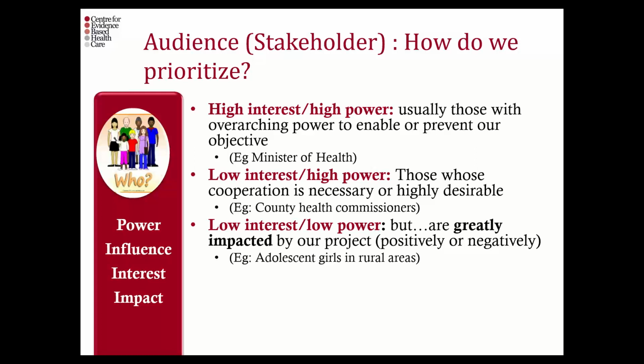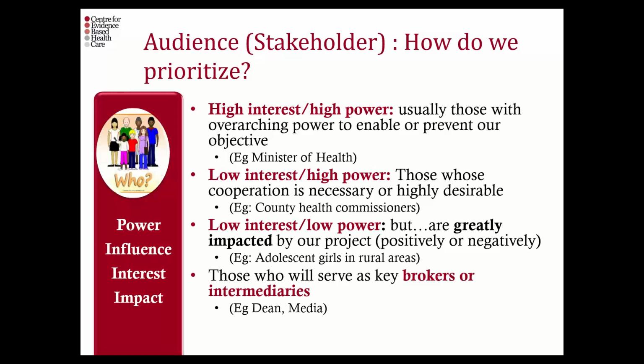In your grid, they may appear to have very low interest and low power, but you think that whatever decisions are made, they're going to be the ones most impacted. So their interest and power isn't of value to you, but you really want to prioritize them and engage more with civil society, because that's where the greatest impact is.